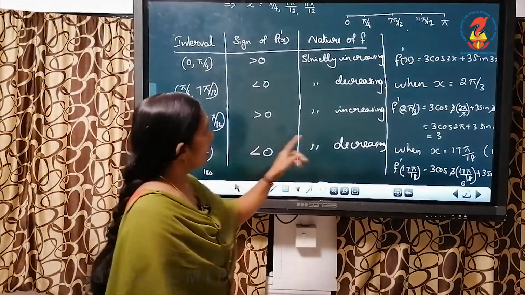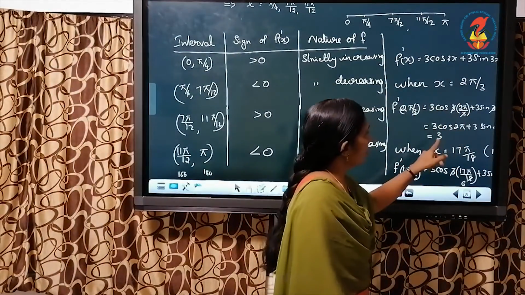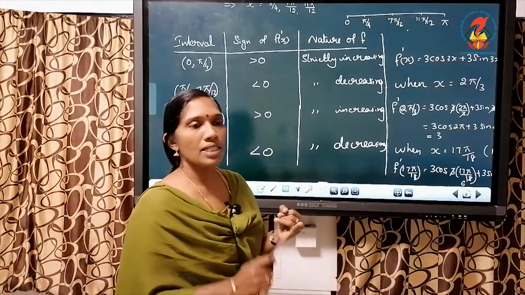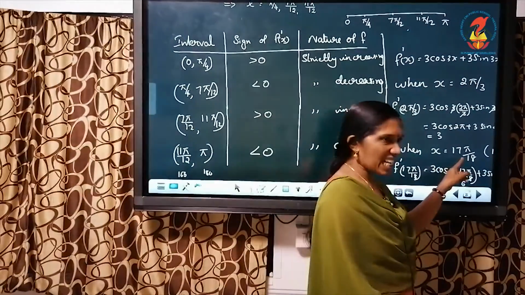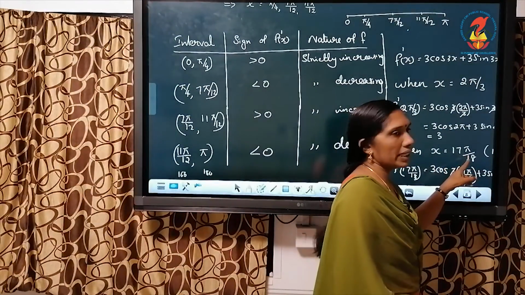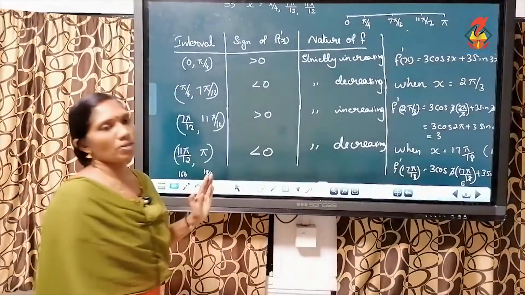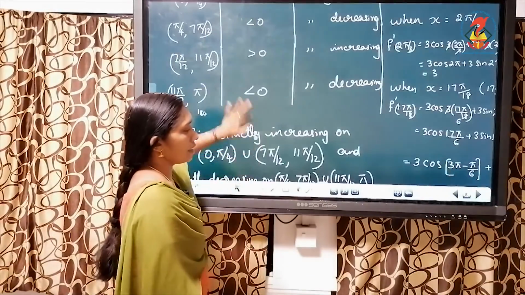Here I took 120, that is 2 pi by 3. Then substitute, we will get it is positive. Then the last interval, 165 to 180. So I took 170, that is 17 pi by 18. Then substitute and check whether it is positive or negative. So it is negative, then we write the conclusion.